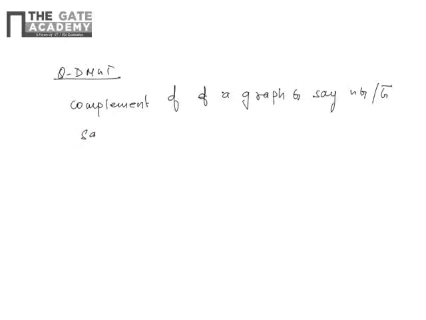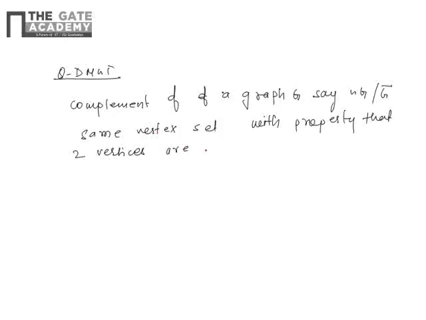Okay, it has the same vertex set as in G, with the property that two vertices are adjacent in G bar if and only if they are not adjacent in G.